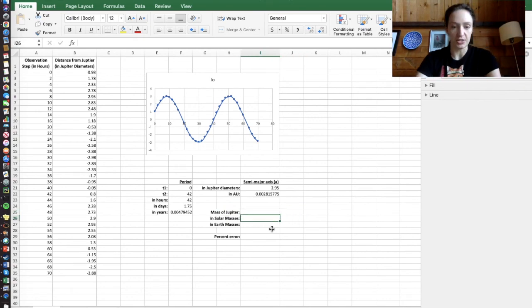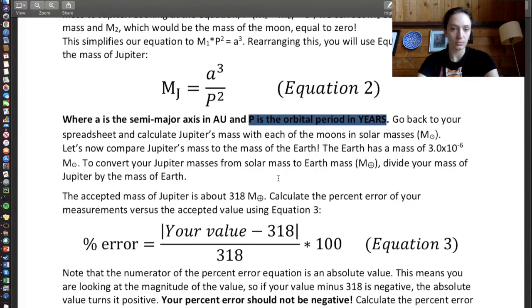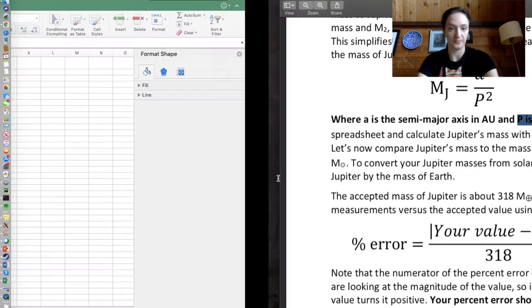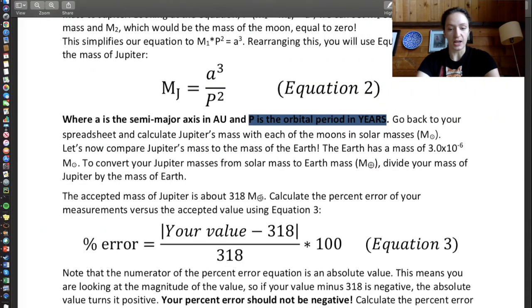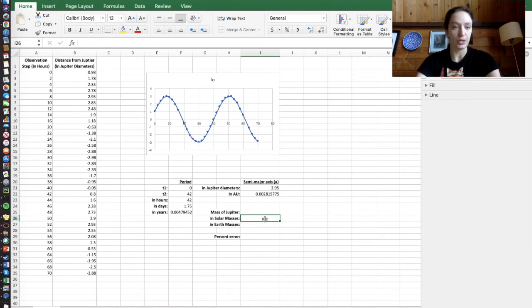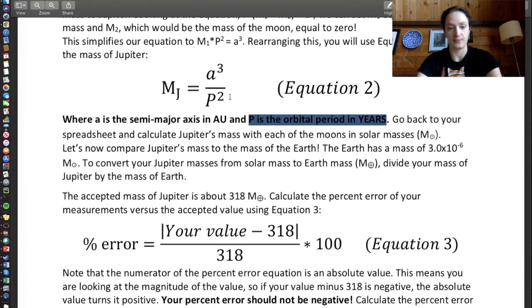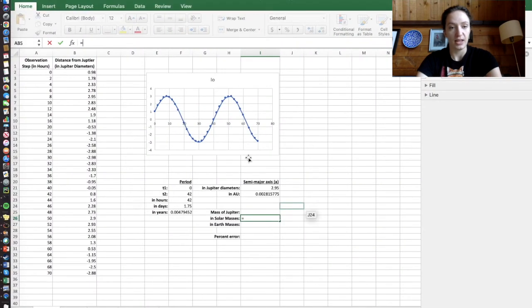So the way you're going to do this, you're just going to use this formula. So I'm going to do equals to enter equation mode. Then I'm going to do my semi-major axis. And I'm going to do parentheses to make sure that it's dividing correctly. My semi-major axis A in AU is this cell.